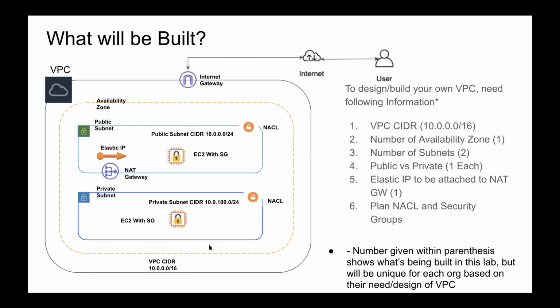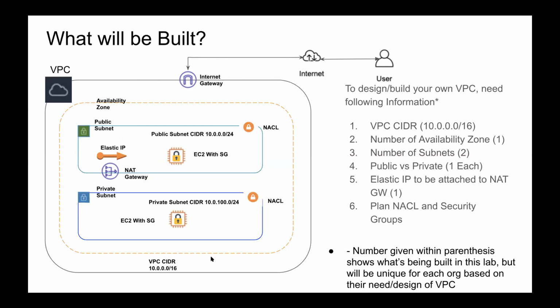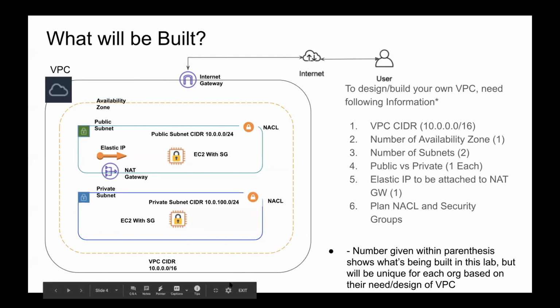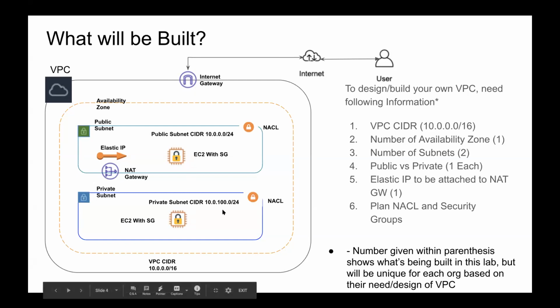And one important thing is, obviously, when we create this VPC, we touched upon that, you need a CIDR. If you're going to be operating on a default VPC, the default VPC would come with a /16 CIDR. But here we are going to be creating a brand new VPC from scratch. So you ought to have some planning done ahead of time, such as what CIDR you want to use, and what CIDR range you want to give from that bigger CIDR range for the public and the private subnets and all those things, right?